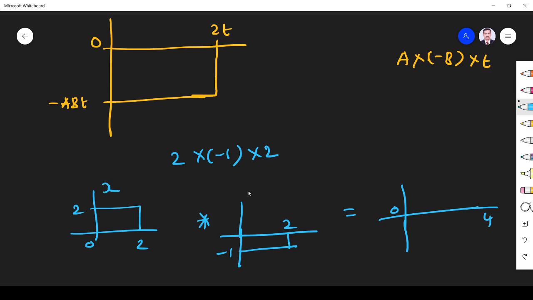This is x, this is h, this is y, so minus 4. So this is our y of t. Simple logic. This is x of t, h of t, y of t, right?